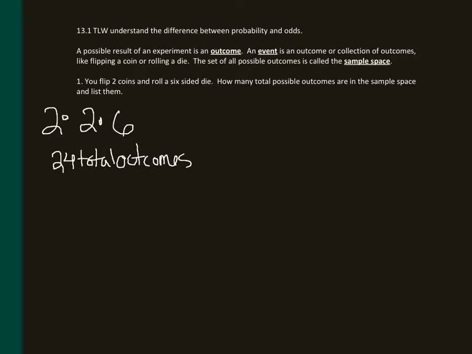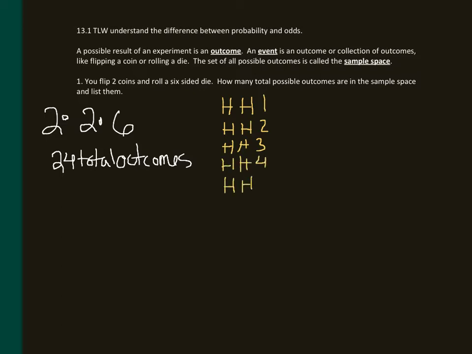What are they? Well, I just like to start with the coin, so I go heads, heads. And then couldn't I roll a 1? Heads, heads, 2. Heads, heads, 3. Heads, heads, 4.